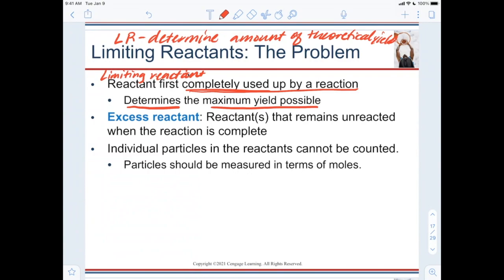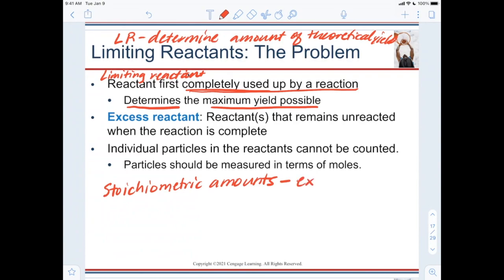So there's a certain point where you don't have any excess or limiting reactant. That is called the stoichiometric amounts. When you have stoichiometric amounts in a chemical reaction, that means you have the exact amount needed of both reactants for the reaction to be possible.